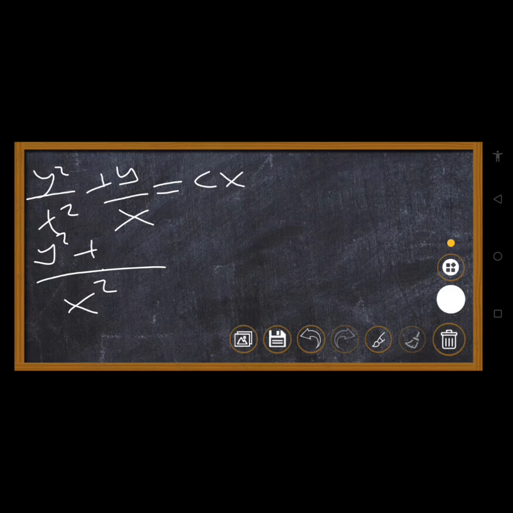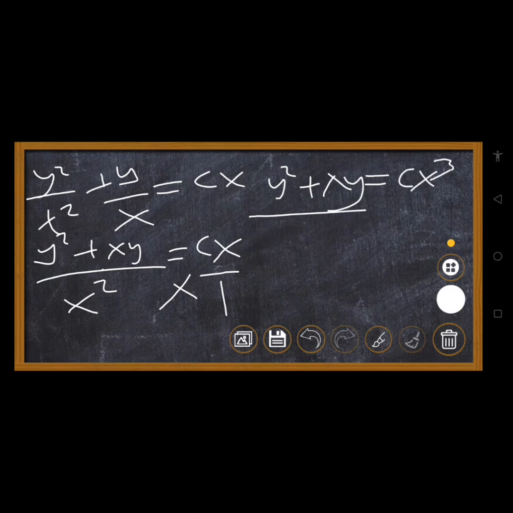Then x multiplied by y is just xy equals cx. So we can cross multiply here. So when you cross multiply, on the left side you are going to have y squared plus xy equals, when we multiply x squared with cx, cx cubed. So then we are done.